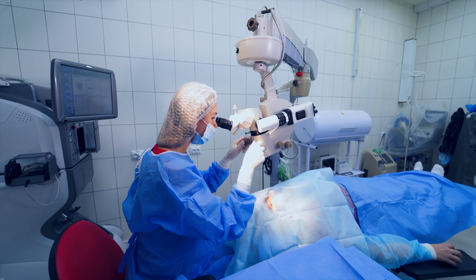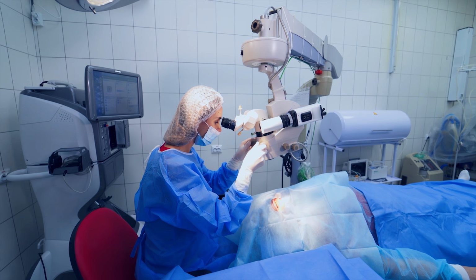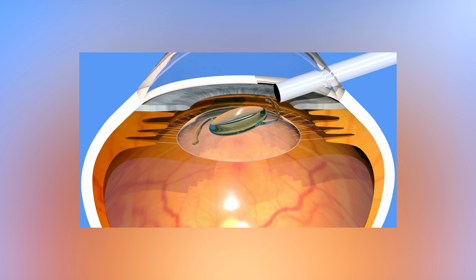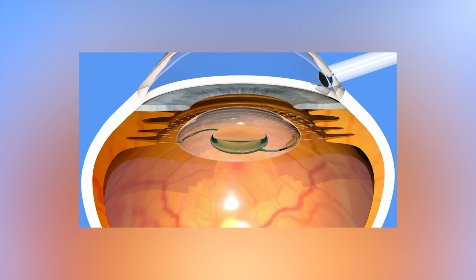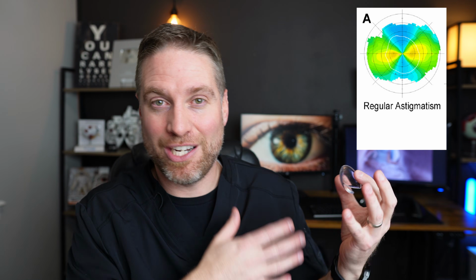LASIK can correct pretty large amounts of astigmatism these days. You can have cataract surgery where they can put IOL implants that correct for astigmatism. So regular astigmatism these days can be corrected and that person can have really crisp vision. Now remember, these curves in astigmatism are usually close to being perpendicular to each other, about 90 degrees away.